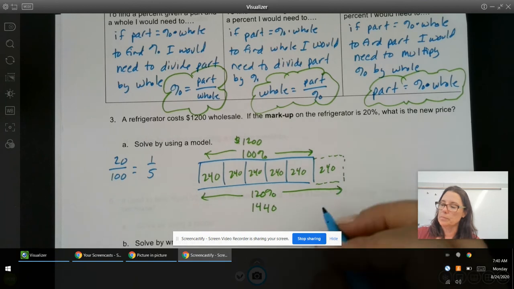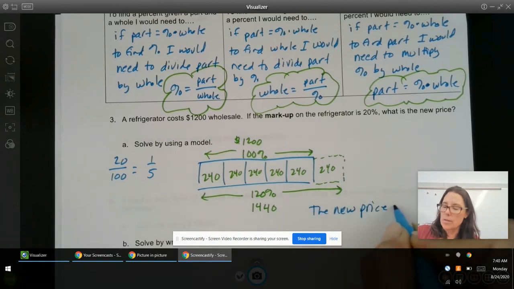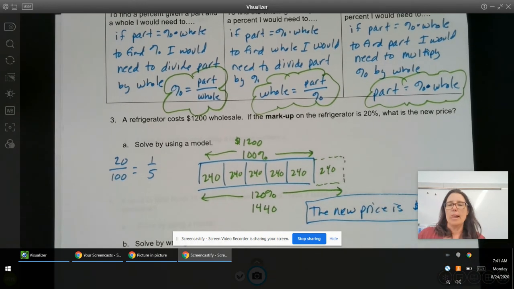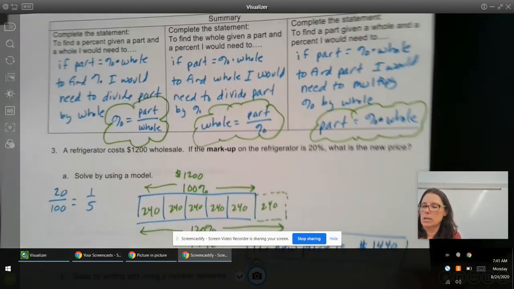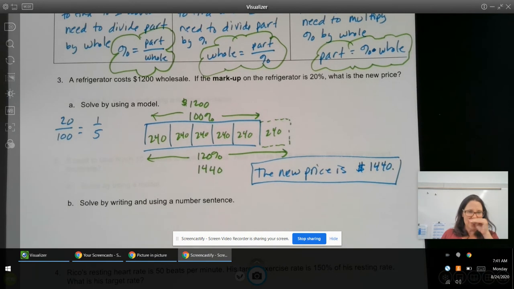So the new price is $1,440. That was something new. We marked it up. We added an extra chunk on.